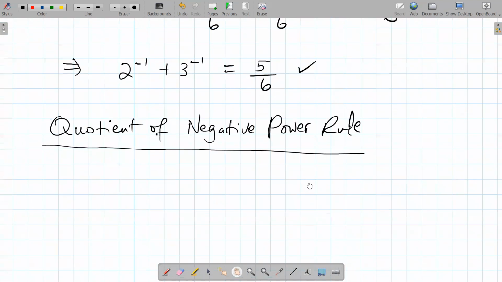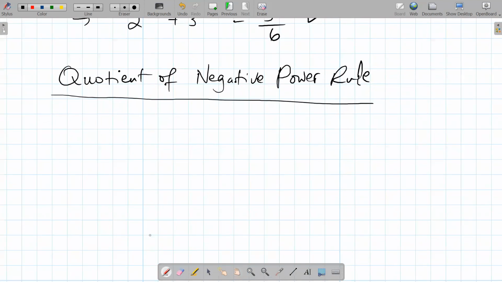Okay. So we all remember the power rule. Power rule is very, very simple.